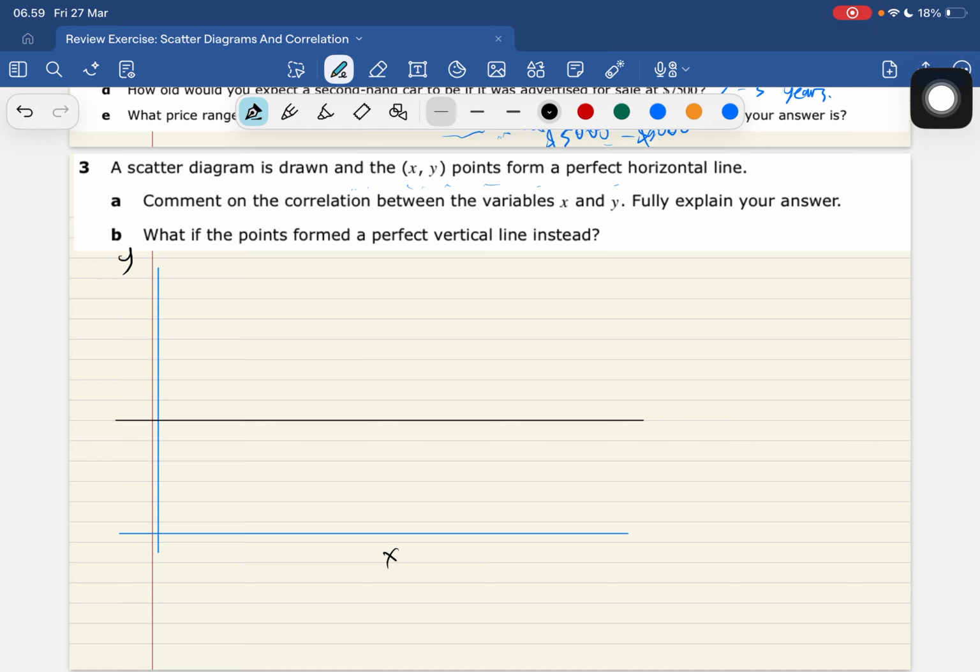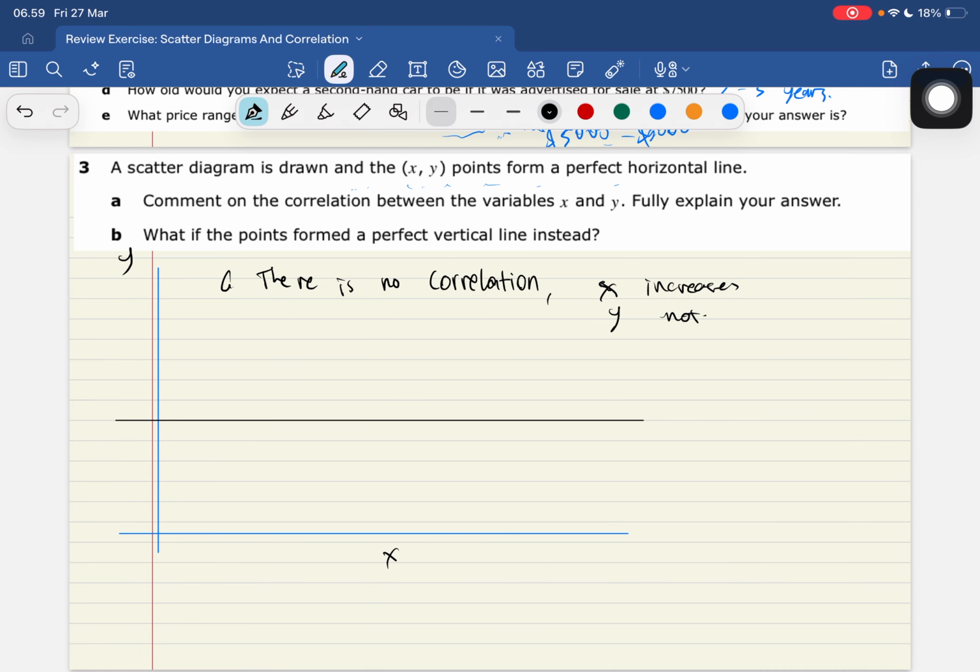We need to comment on the correlation. There is no increase or decrease, so there is no correlation. As X increases, Y does not. Only one variable increases, so there is no correlation.